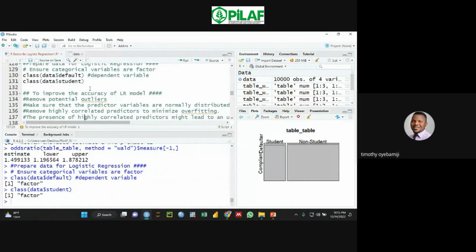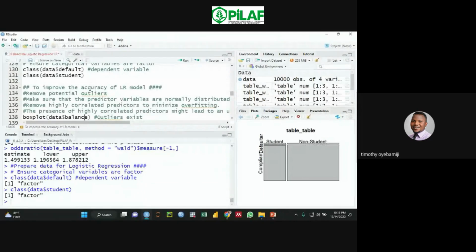Now, to improve the accuracy of a logistic regression model, it's important to do three things. The first one, remove potential outliers. The second one, make sure that the predictor variables, the independent variables, are normally distributed in case you have continuous variables.